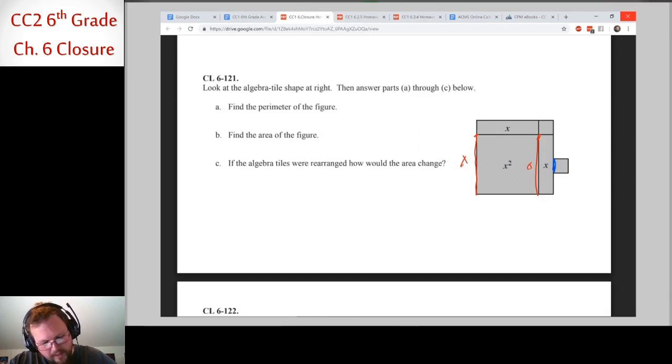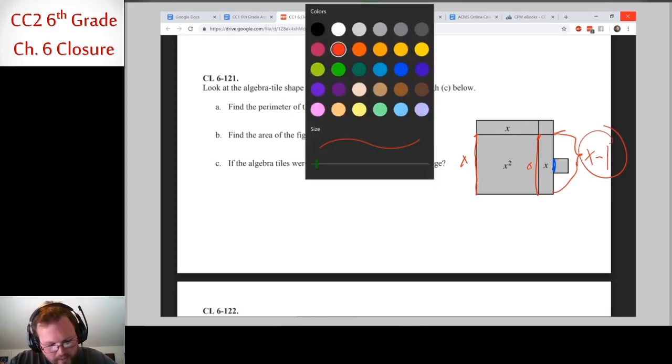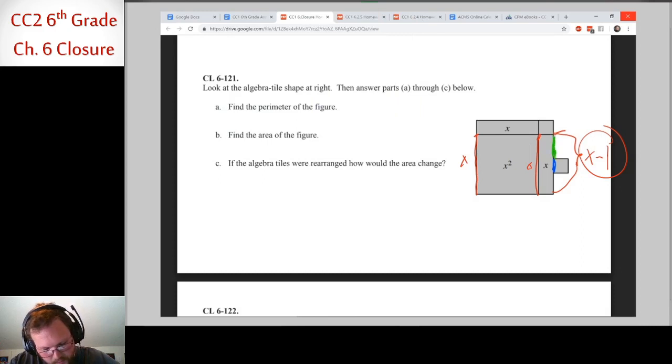So my length, for this part right here, is specifically x minus 1, because it's x take away that one section there. And so when you're counting these lines, this section is x minus 1 together with that. So use that when you're dealing with the perimeter.